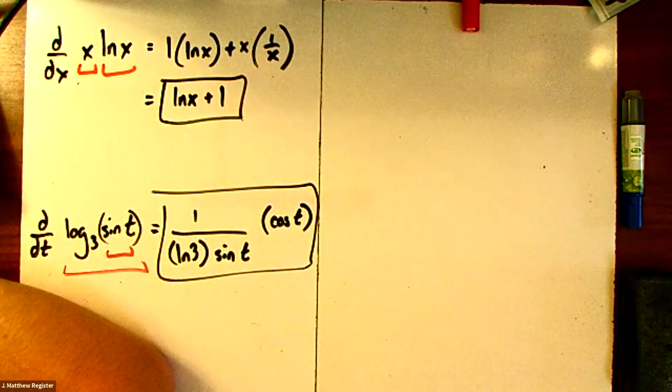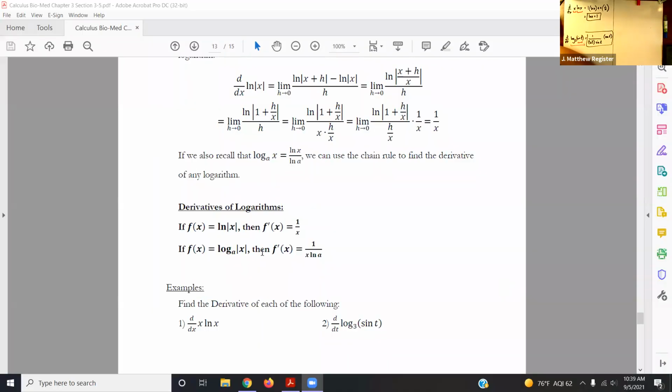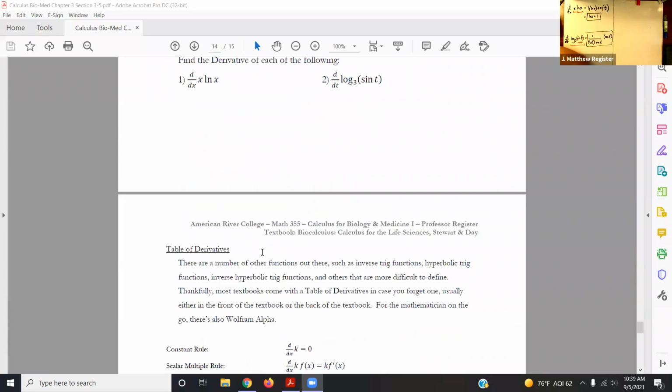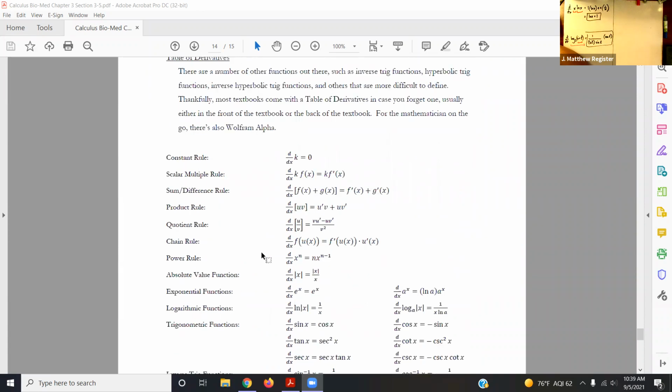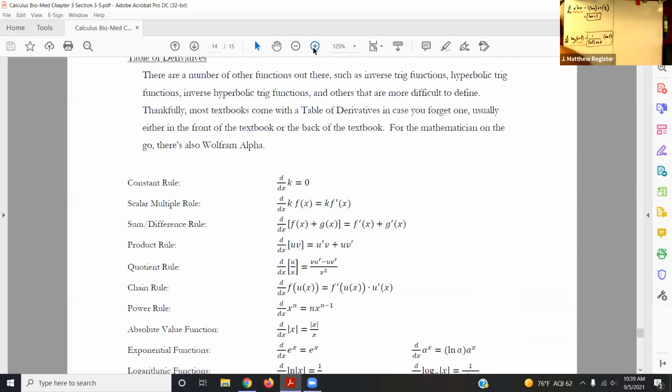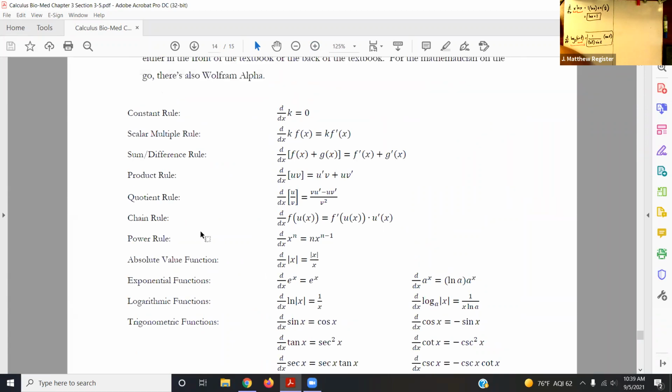Then let's see, where's my share screen? There's my share screen. And that gives us our formulas. And so far we've covered a ton of formulas. Looking through, we did all of them. We skipped the absolute value one because that one's kind of silly, but we did all of them up to about here.